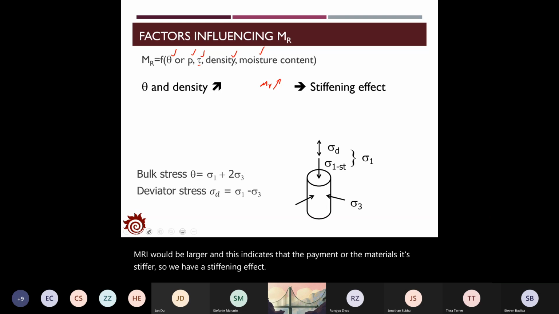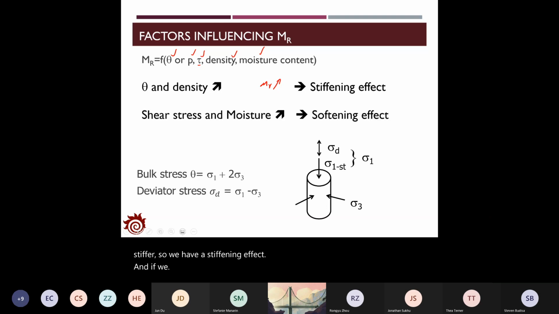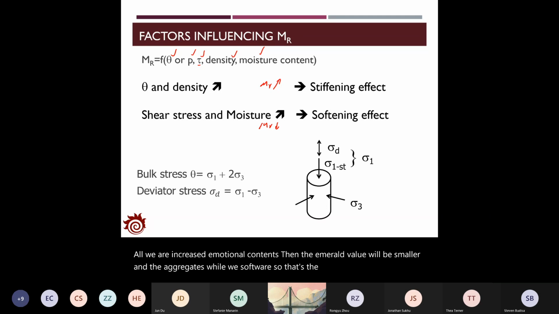And if we increase the shear stress or the moisture contents, then the MR value will be smaller and the aggregates will be softer. Those are two opposite effects from the parameters that can affect the values of MR.